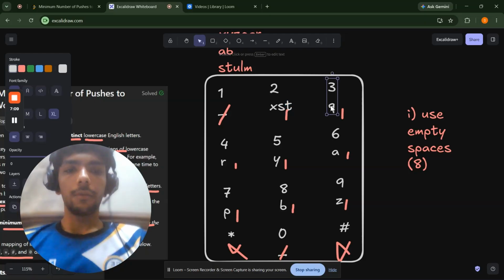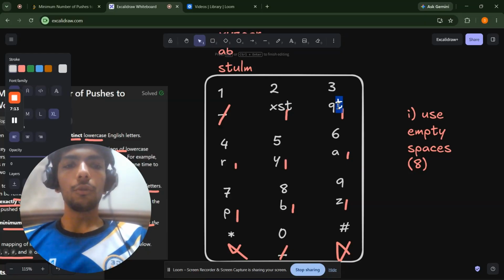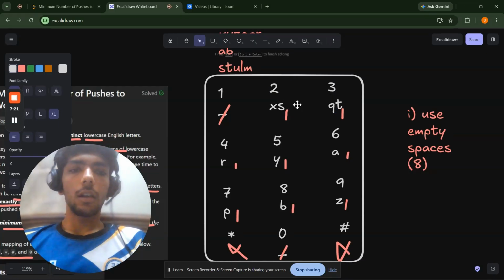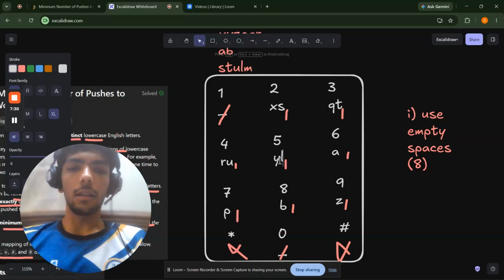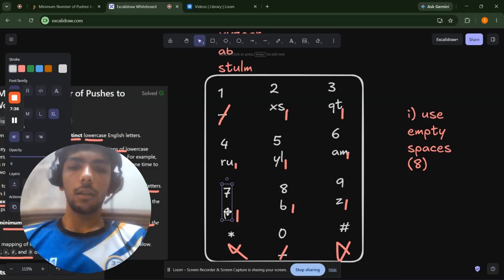And if I put that T over here, it will require 2 pushes. So here it will require 3 and it will require 2. And we need to minimize it. So I'll put this T over here. Now U also will be placed so that minimum pushes are taken, like that L, like that M, and then N.